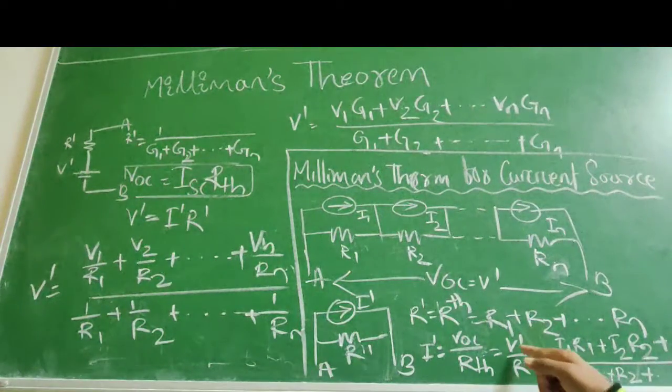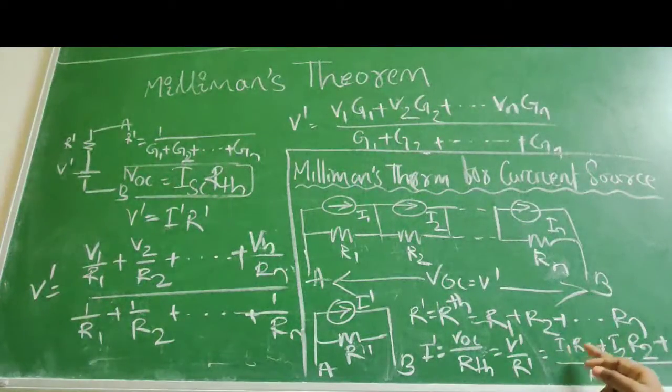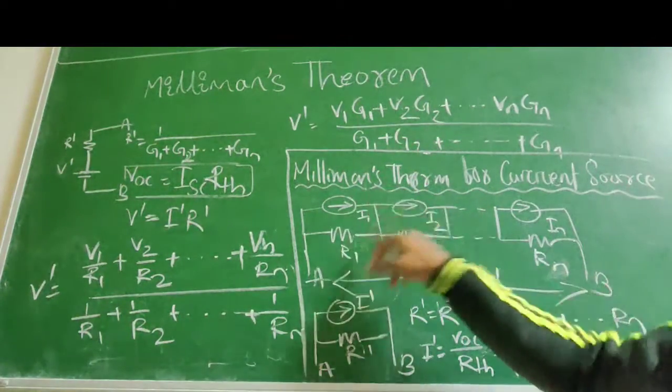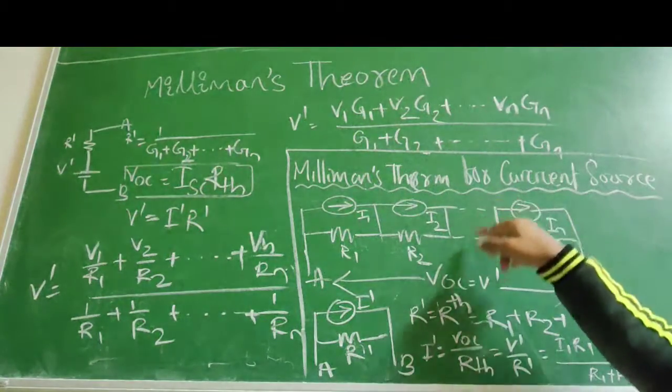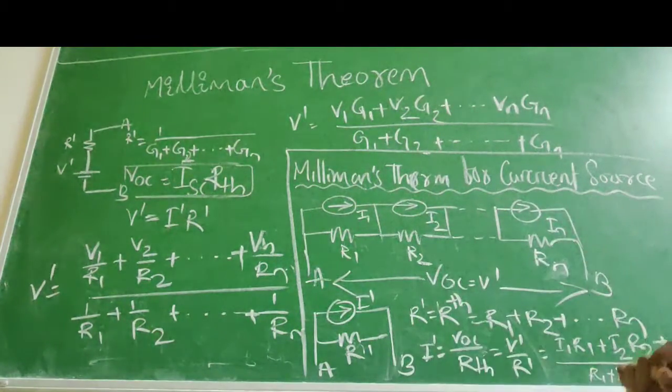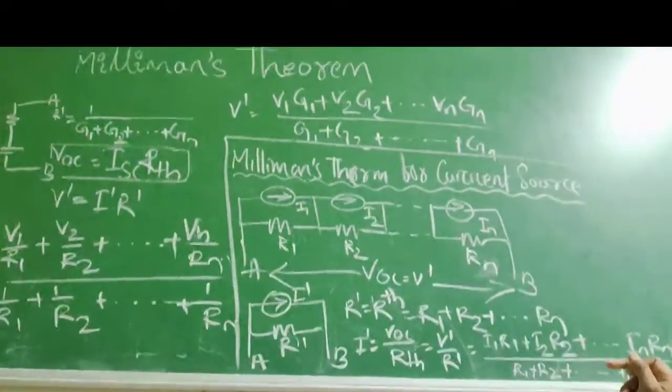Okay, so V dash is what? V is equal to IR. So I1 R1 for this circuit, I2 R2 for this circuit, I3 R3 for this circuit, In Rn for this circuit. Okay, divided by R dash. We have already calculated R dash from this equation, R dash is equal to R1 plus R2 plus R3 up to Rn.